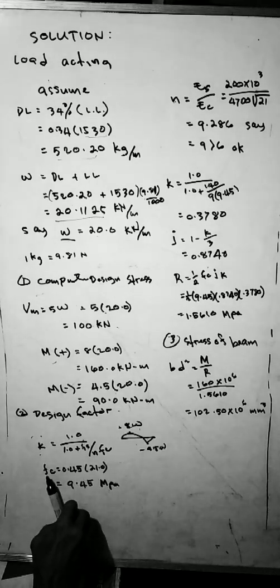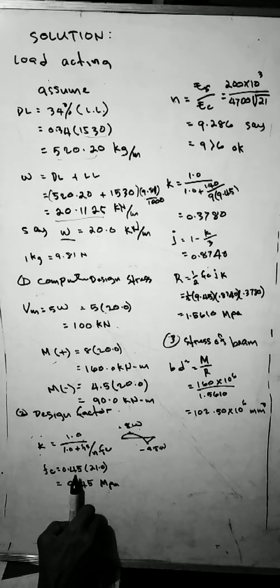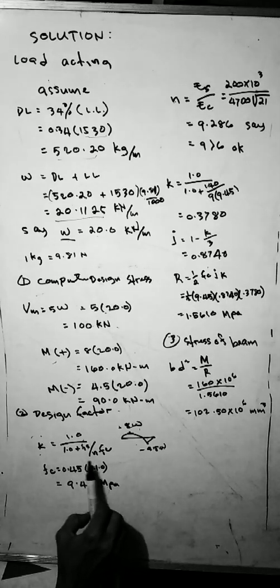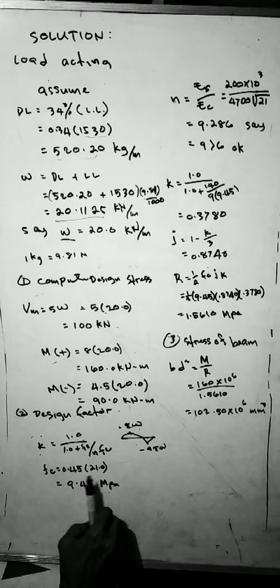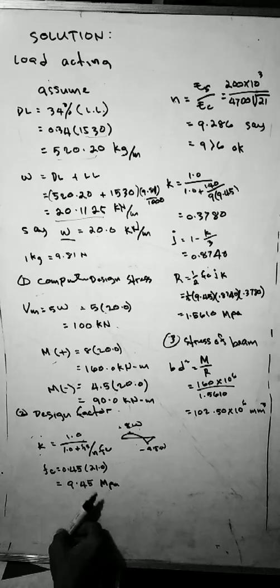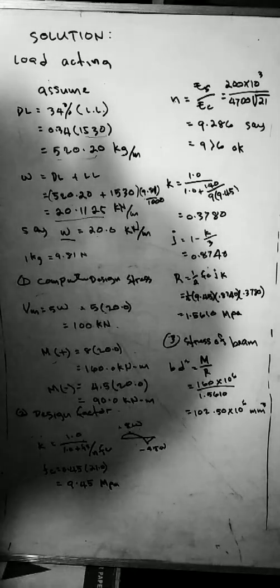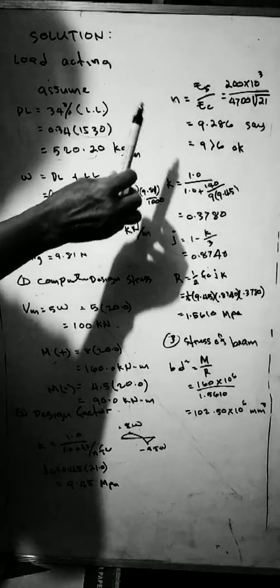The compressive strength of the concrete is 45% of the f'c, which is 21.0. So will give us 9.45 megapascal.